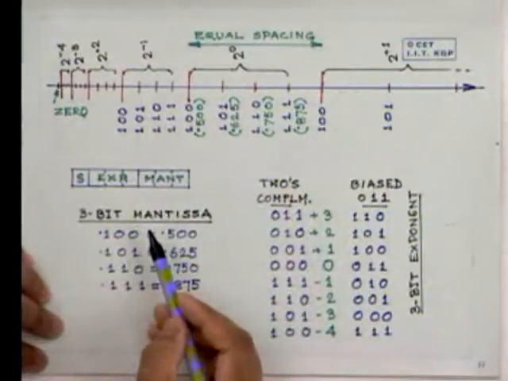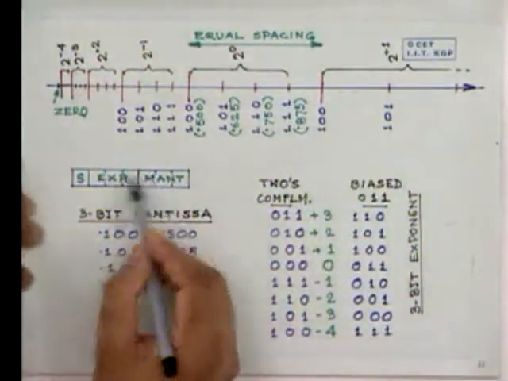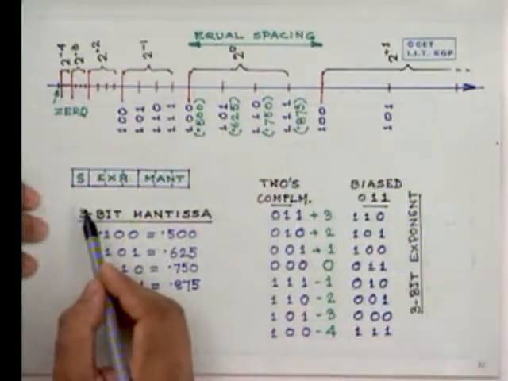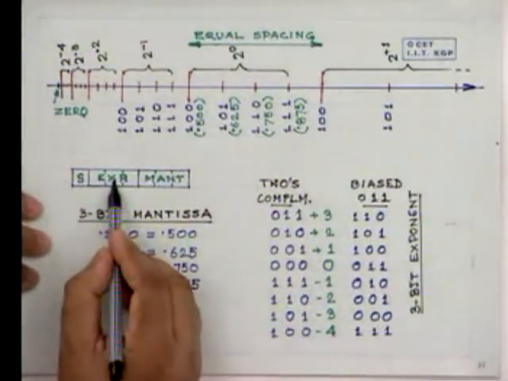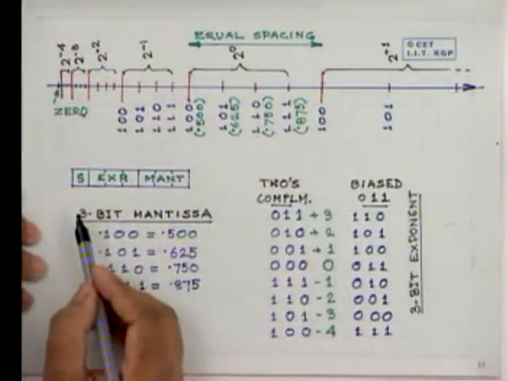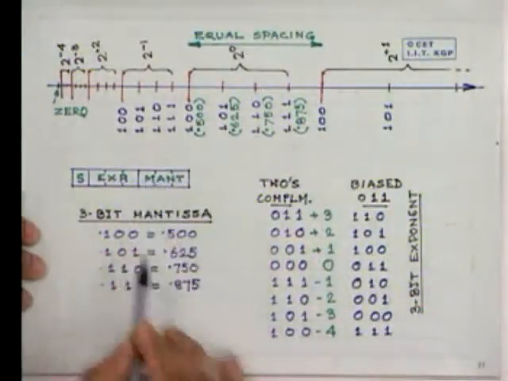we have taken as an example a floating point representation where this is a sign bit, 3 bits have been kept for the exponent, and 3 bits have been kept for the mantissa, right?